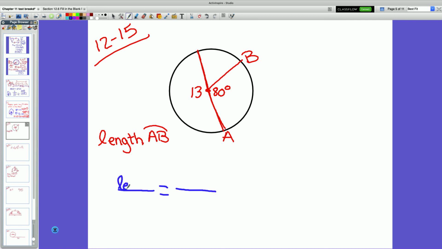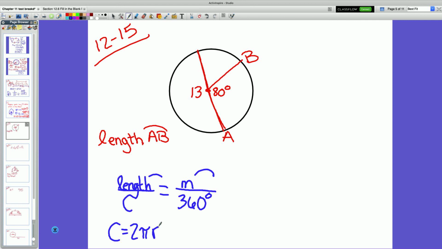So you have the length of your arc over circumference equals the measure of your arc over 360. That's our proportion. And a reminder that circumference is equal to 2 pi r. Those are the formulas you need for this whole section.